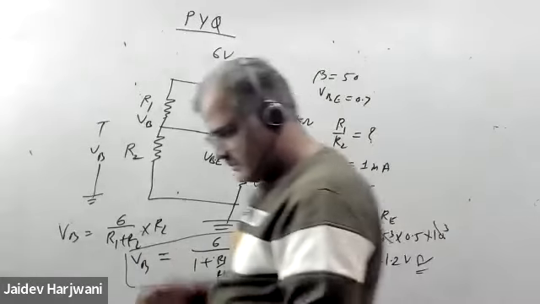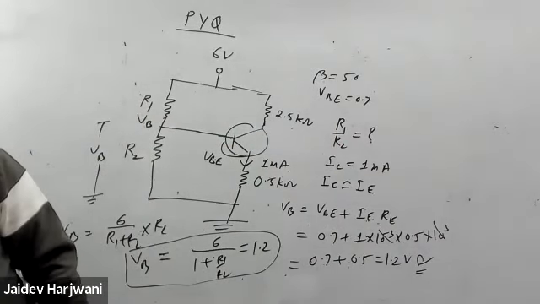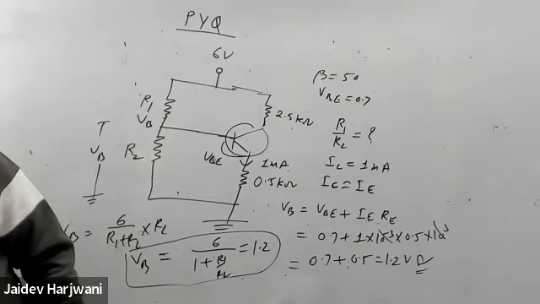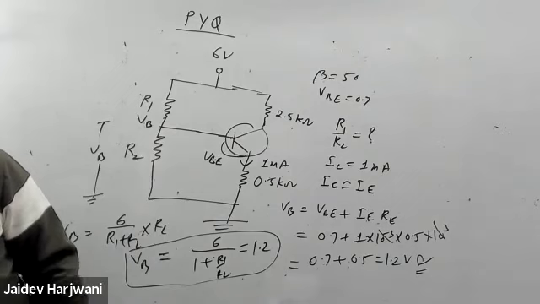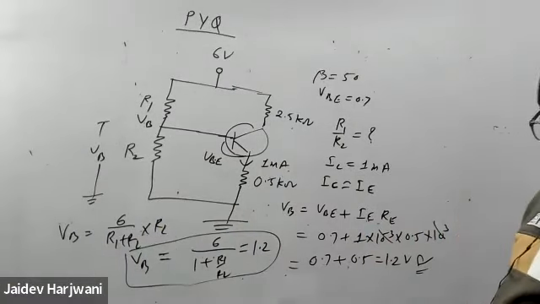Calculate. Is it 1:2 or 1:4? Check it once more. R1 by R2 should come 4. Yes, it is 4.